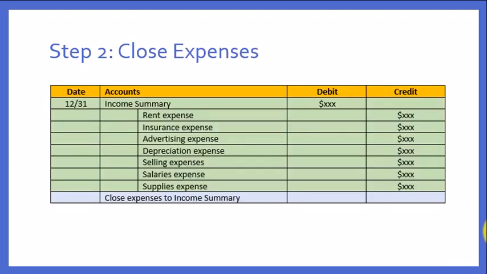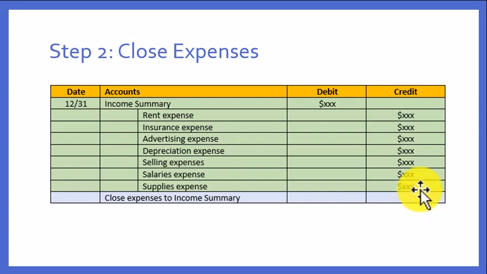Now we're going to use the exact same process for closing expenses. I just have some examples of expenses here. The expense accounts are going to vary, but you can see what this entry is going to look like. Again, all of these expense accounts are carrying debit balances. We want to make them go away or zero them out, so we are going to credit them for whatever amount they are currently carrying as a debit balance. When we post that credit, it makes it go away.